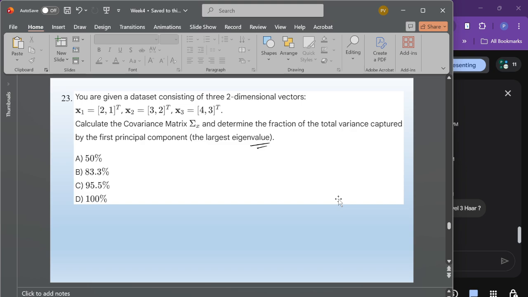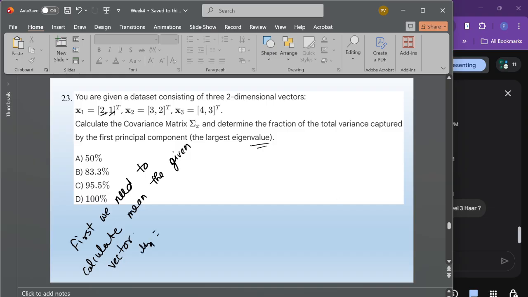So first we need to calculate the mean of the given vectors. Okay, so three vectors are given, but two components only, x and y.